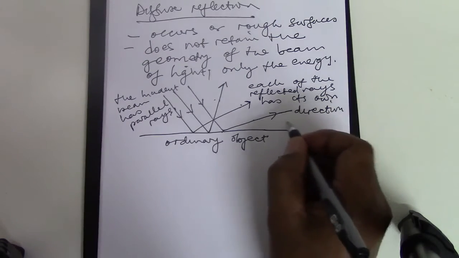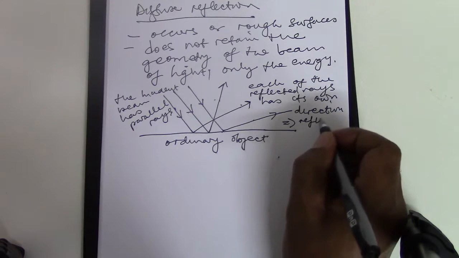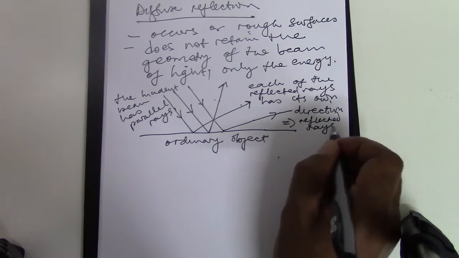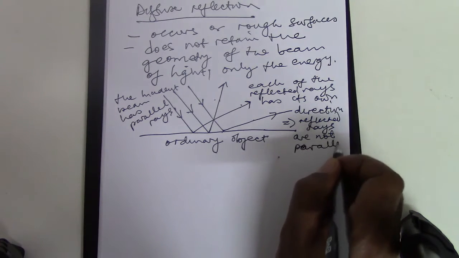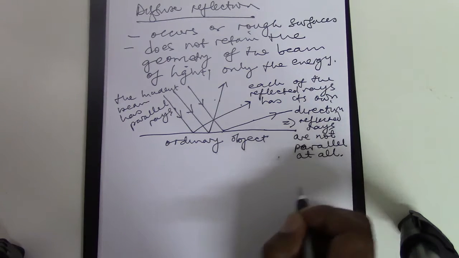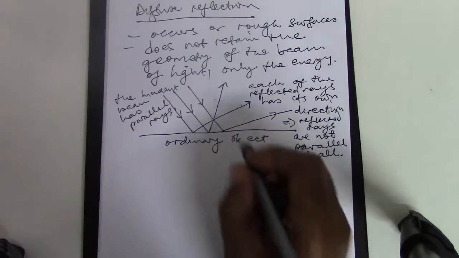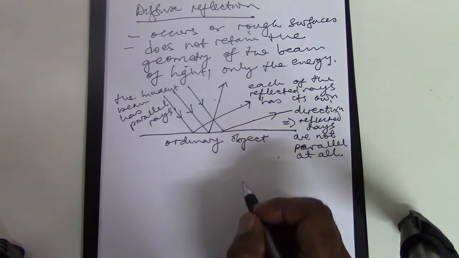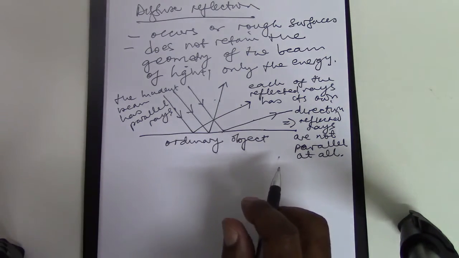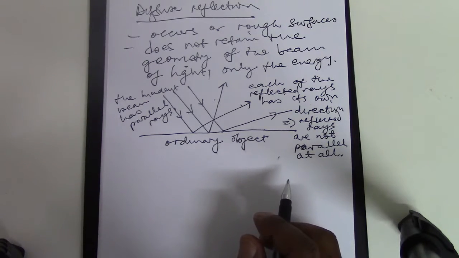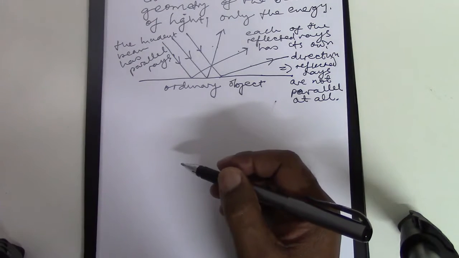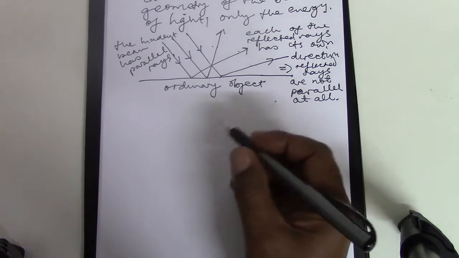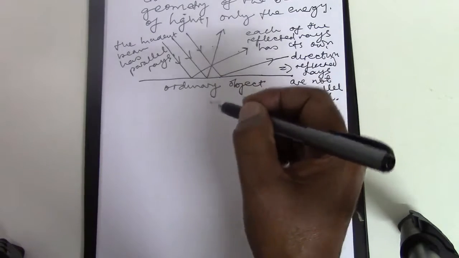But the reflected rays are not parallel at all, but go in different directions. So we can then say when light strikes a rough or granular surface, it bounces off in all directions.